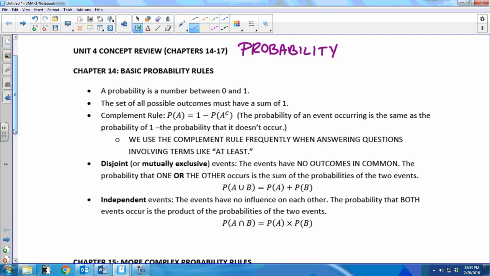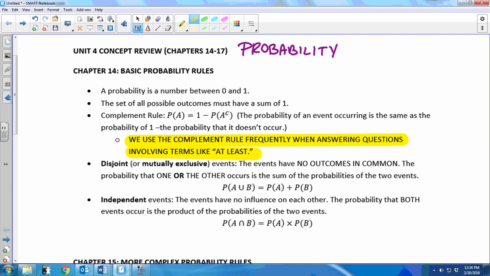The complement rule. The probability of an event occurring is the same as 1 minus the probability that it doesn't occur. We use this a lot of the time when we're trying to answer questions involving terms like at least. When I want to say, I want to draw at least 5 green M&Ms out of the bowl, well then that, if there's 100 M&Ms, that might be hard to compute.